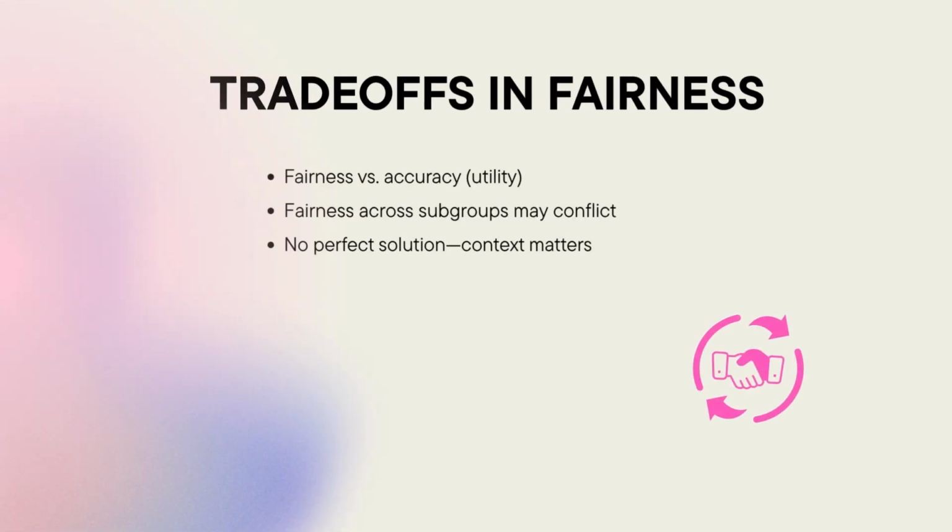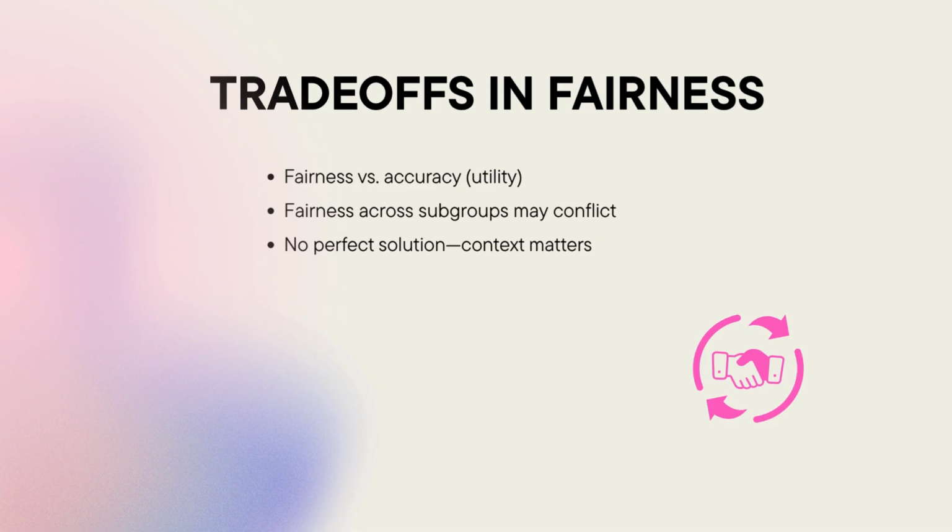Fairness in AI isn't a single switch to flip. It's a set of trade-offs. Improving fairness for one subgroup may lower overall accuracy or create new imbalances for another. For instance, achieving demographic parity could reduce performance in smaller groups, while equalized odds might require lowering utility for the majority.